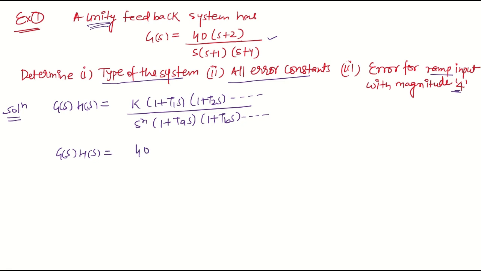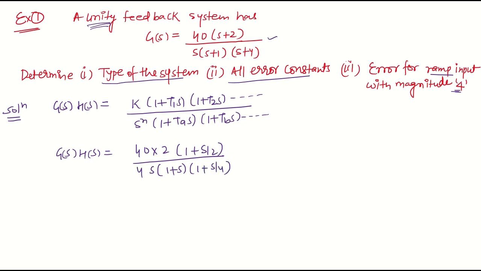I am taking 2 common from the numerator, so this will be 1 plus s by 2, divided by s into 1 plus s, and in the denominator I am taking 4 common from the term s plus 4, so this will be 1 plus s by 4.